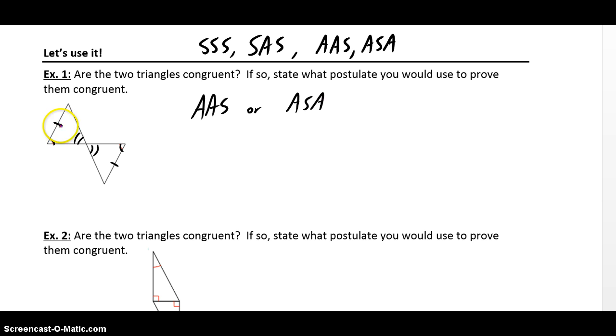The question is the side between the 2 angles? If it is, it'll be angle, side, angle. If it's not, then it's angle, angle, side. Well, in order to be in between, it would have to be right there, and it's not, so that means it is angle, angle, side. So yes, they are congruent by angle, angle, side.